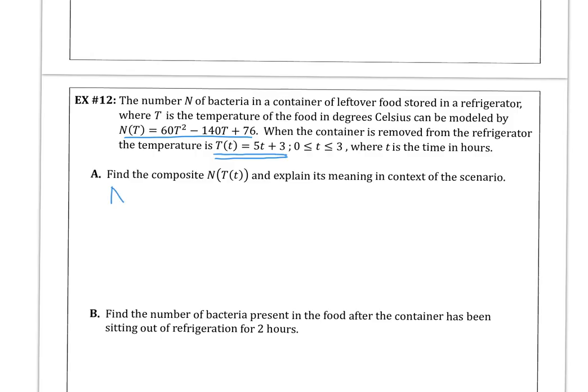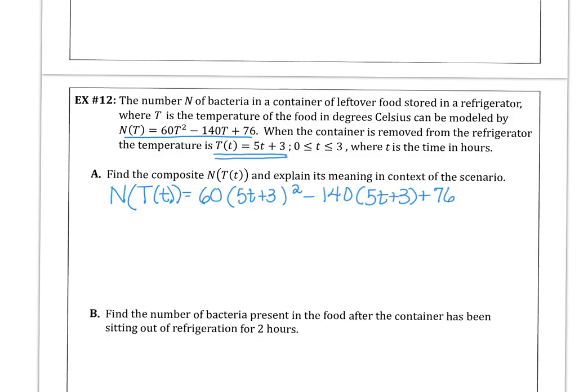Now, if this was a free response question on the AP exam, you could do the substitution and not have to simplify. So 60 capital T squared, which is 5t plus 3, minus 140 capital T, 5t plus 3, plus 76.